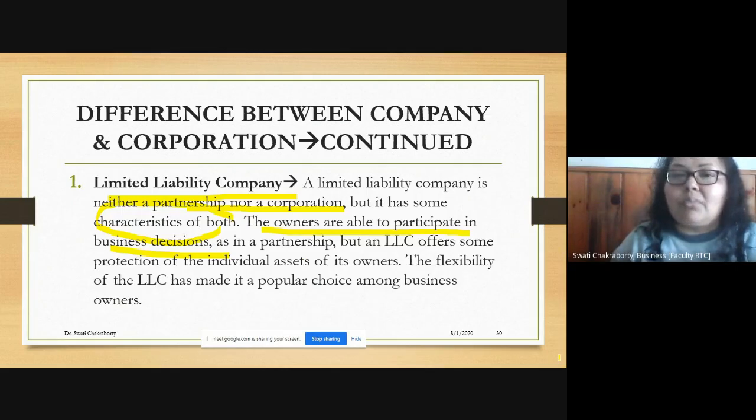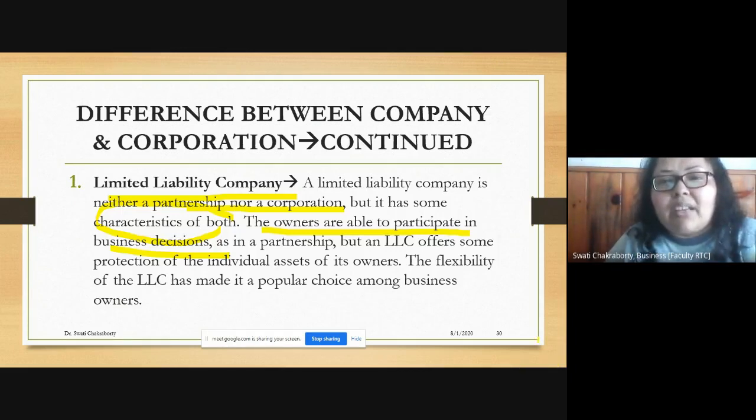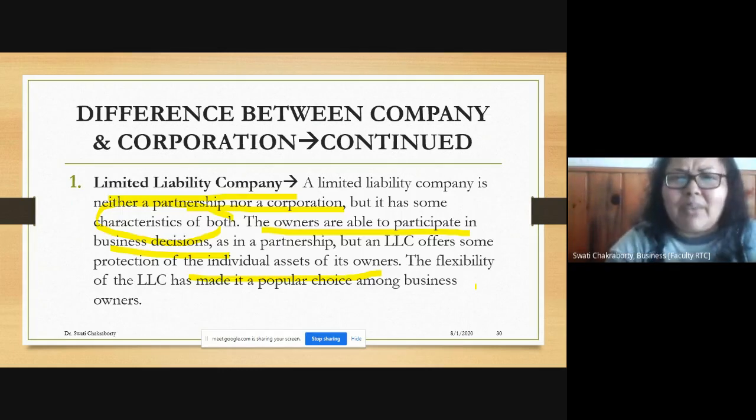The corporation characteristic is the protection of the individual assets of the owners. And the operation is quite flexible. That's why it's a very common choice for business owners to go for a limited liability company.